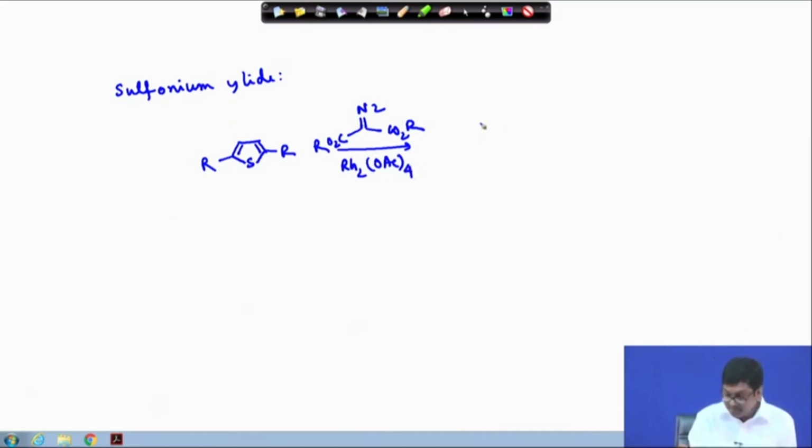Then it will form the stable ylide. Here I would like to mention the reference, that is Chemical Reviews, from there.